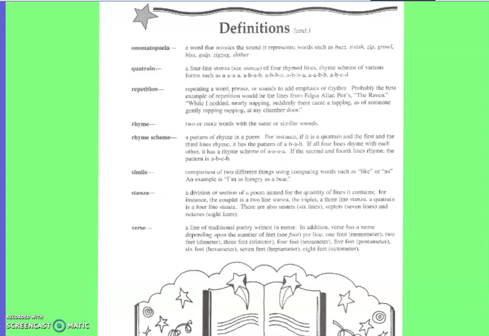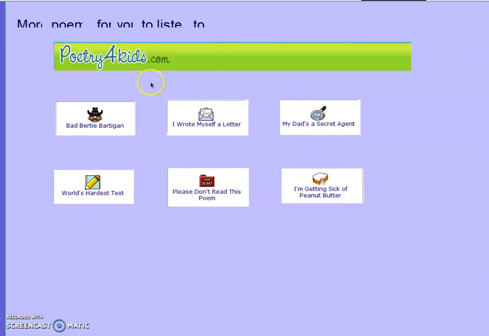Now, I would love for you to read more poems, and we're going to put a link to poetryforkids.com. Here are some great poems that you might want to go look at first, to get you ready for listening and hearing more poems and practicing reading them out loud and looking for those things that we talked about.